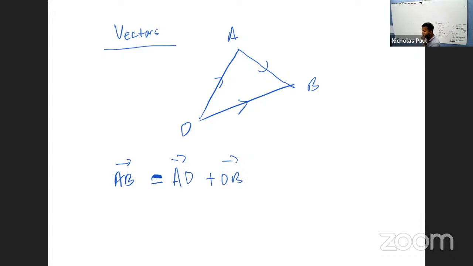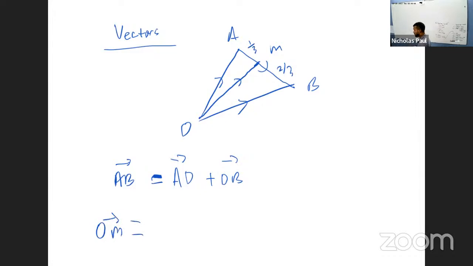After that, we looked at adding different points and defining vectors based on what they gave us. Can anybody help me find OM?